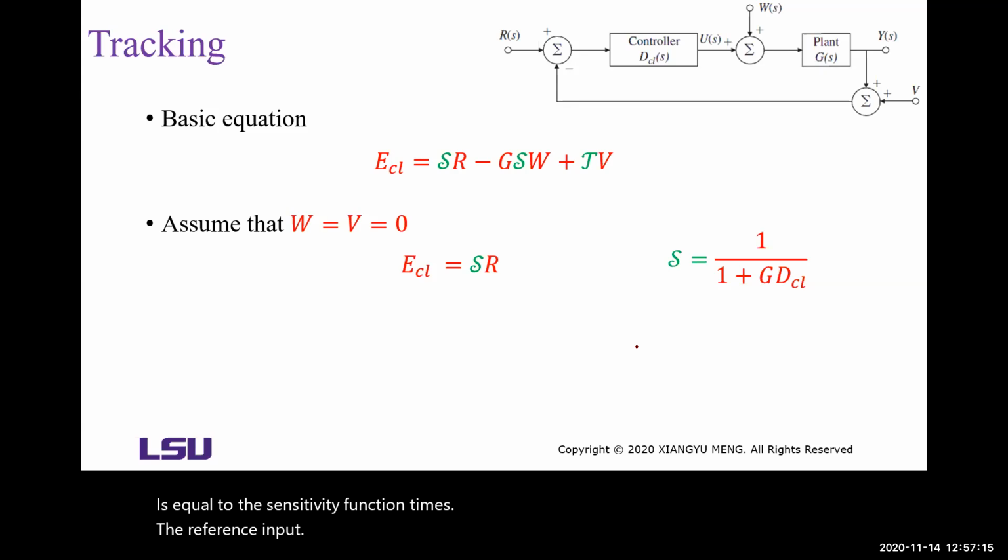Here, let's assume there are no disturbances and no sensing noises. Then the tracking error is the sensitivity function times the reference input.